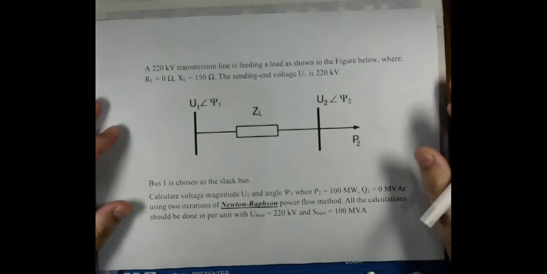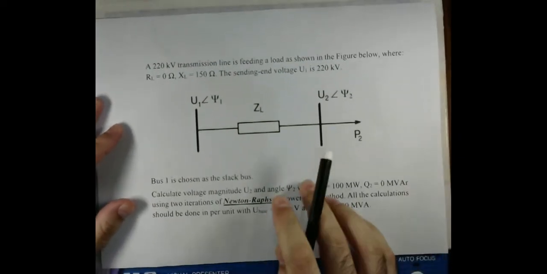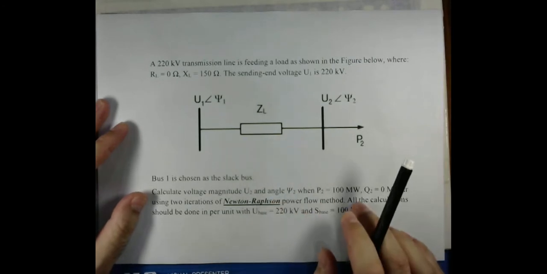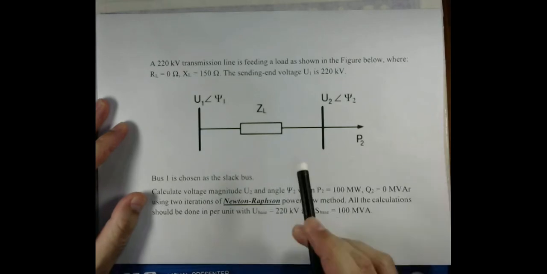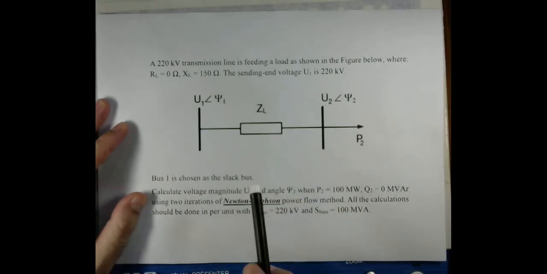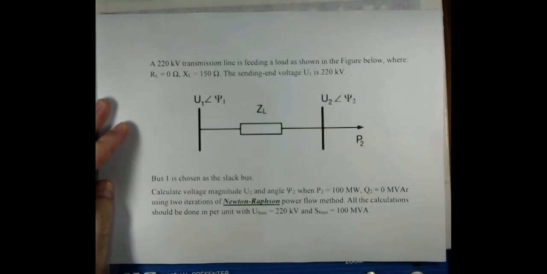I hope you remember this is also the problem that I gave you in the mid exam, exactly the same problem, and I asked you to solve that problem for 2 iterations using Gauss-Seidel method. Now we will solve the same problem using Newton-Raphson method.